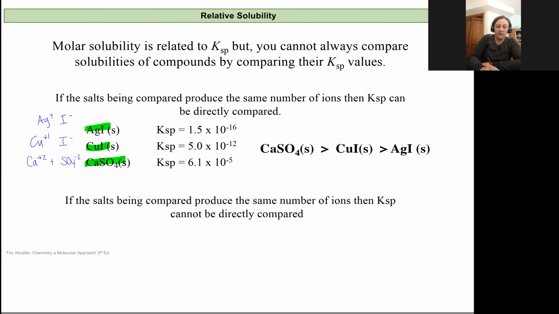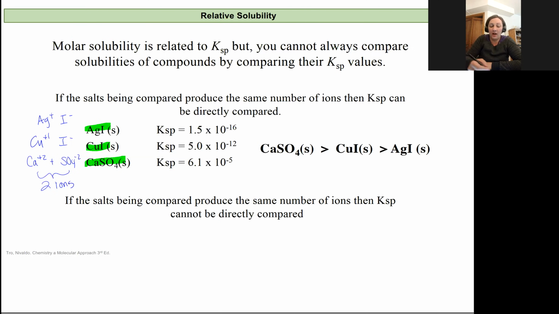So for each of these compounds, we'll have 2 ions as products, which means that the coefficients in front of those products, when we balance the equation, will be the same. And that's why we can directly compare the solubility products and infer something about the solubility of each of these compared to one another.